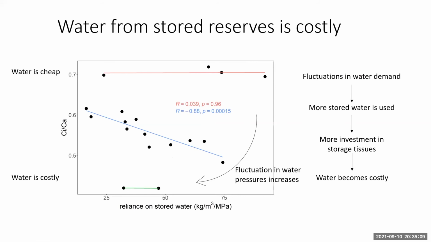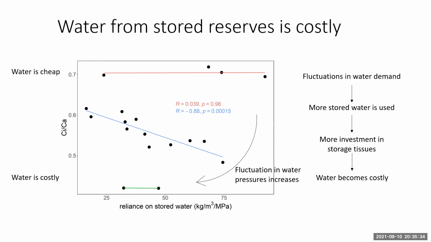So we saw that on a short-term basis, if you look at instantaneous values of carbon fixation and water usage, these stored reserves end up being very costly, but do not benefit that much in terms of photosynthesis. And so we thought maybe it had a very long-term effect.